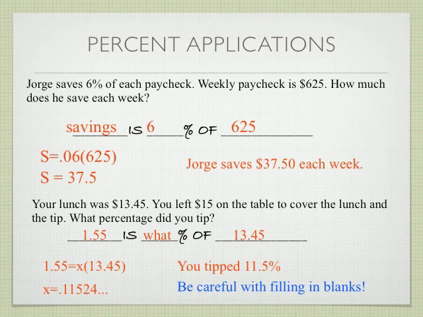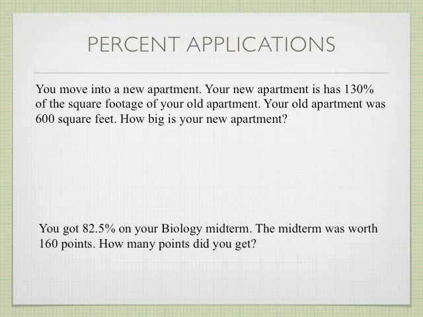That wouldn't make sense. I move into a new apartment. My new apartment has 130% of the square footage of our old apartment. If the old apartment was 600, how big is the new one? So we know the new is 130% of the old. Our new apartment has 130% of the square footage of our old apartment.